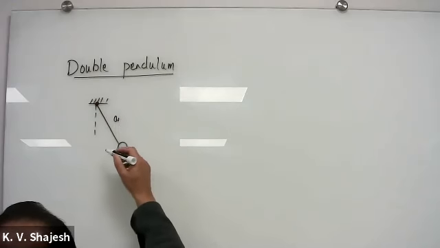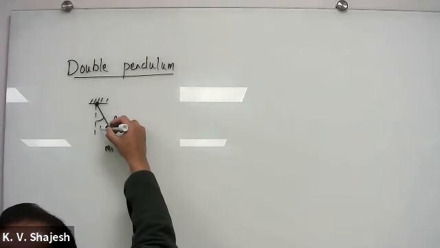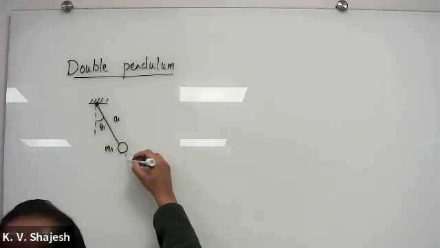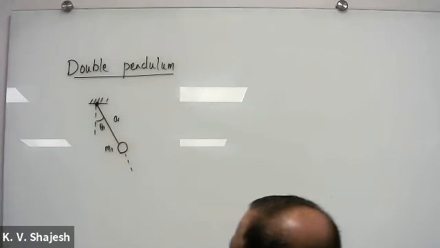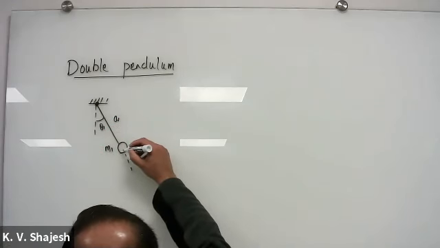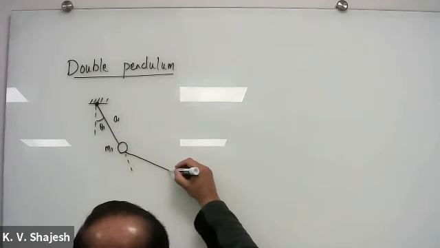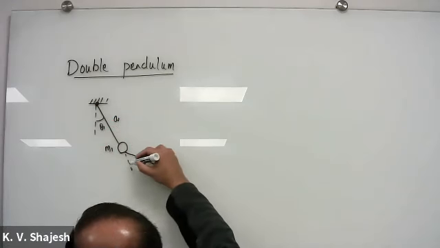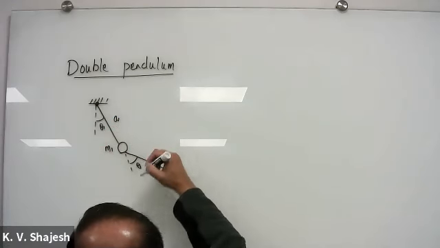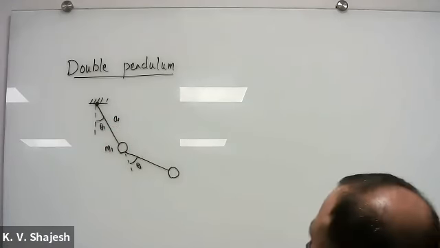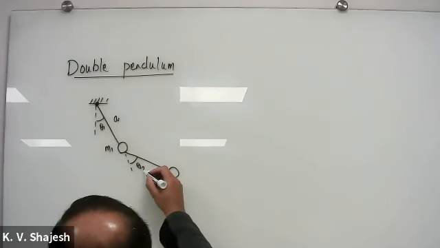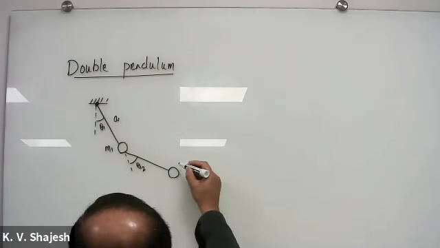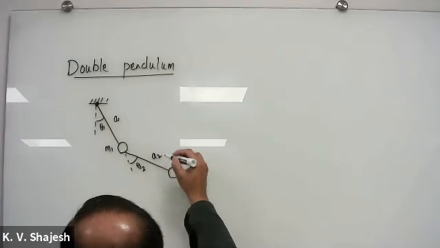And let's say the mass is M1. It could make an angle theta 1. And with respect to that line, the second pendulum, we can make an angle theta 2. And let's say this is length A2.